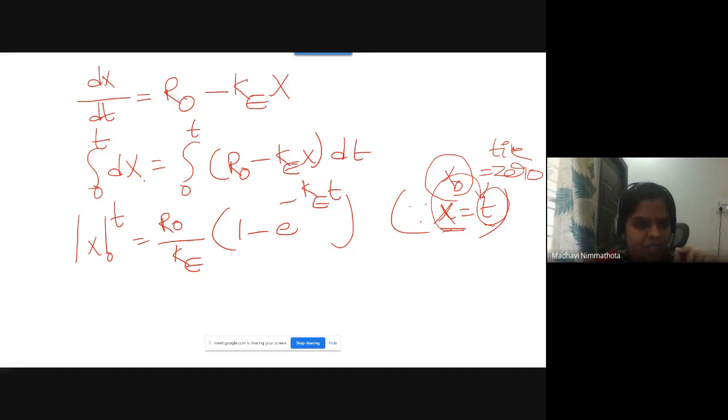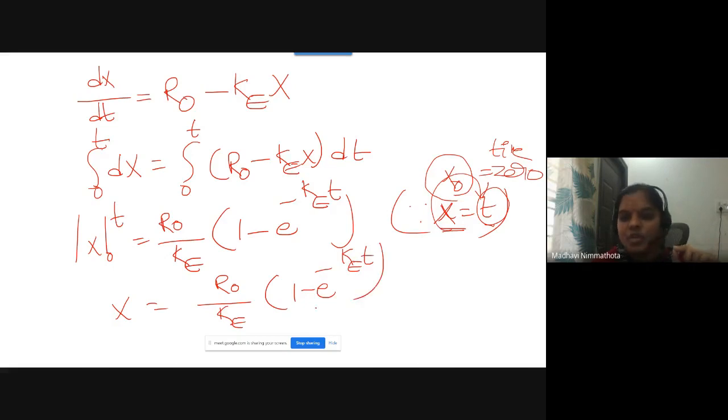See, in the textbook this derivation is not there. So when you integrate this basic equation, you will get X equals R0 by Ke into 1 minus e to the power of minus Ke t.